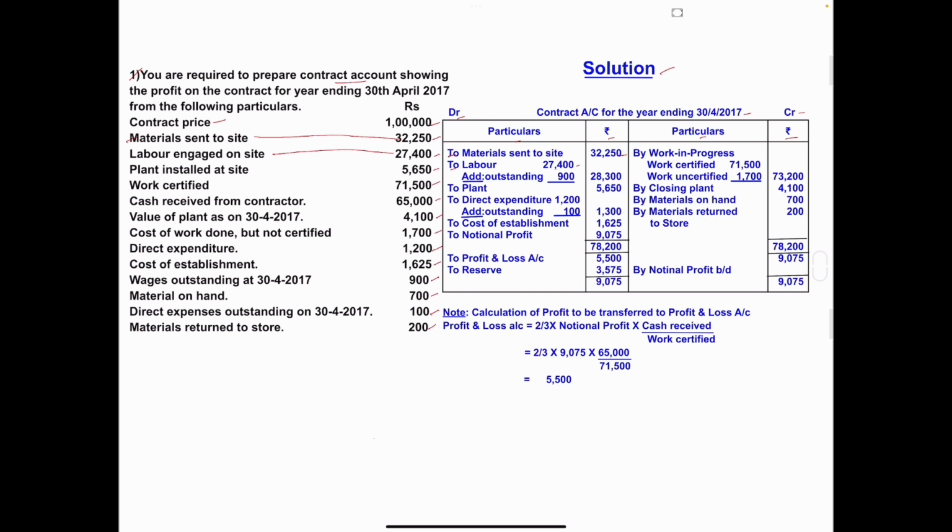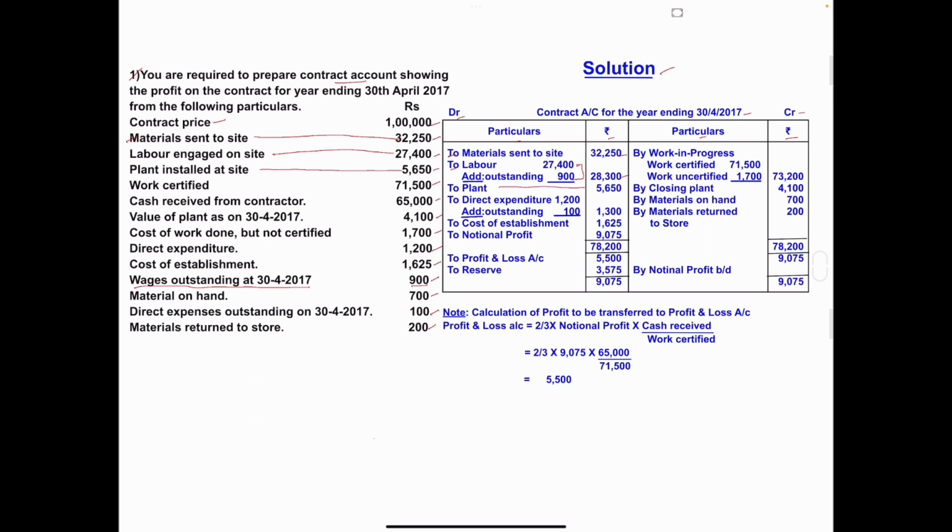Write in the inner column, because outstanding wages is there. See this one, wages outstanding 900. So it is to be added. Add outstanding 900 and the total of these two is 28,300.